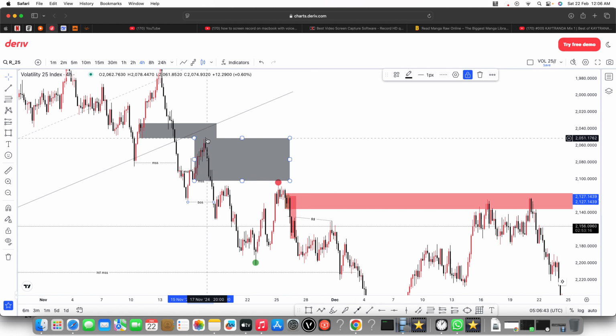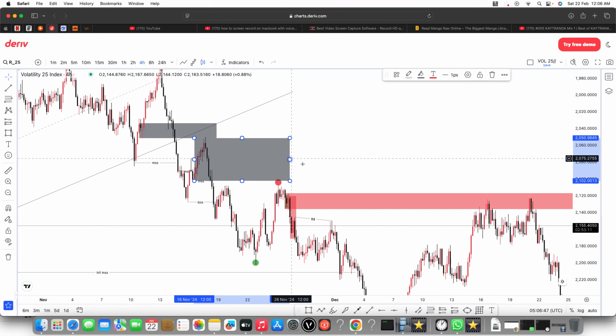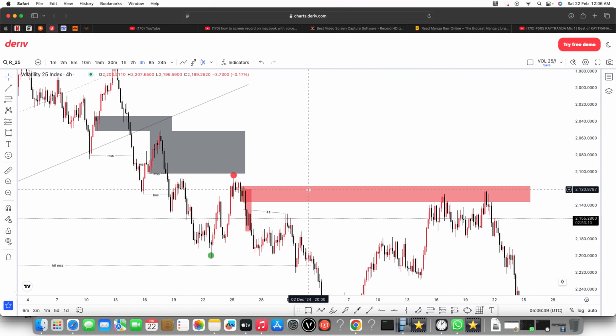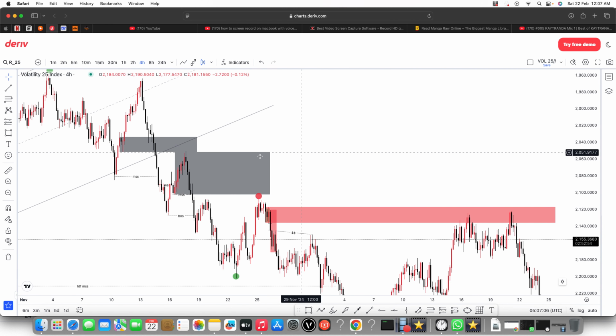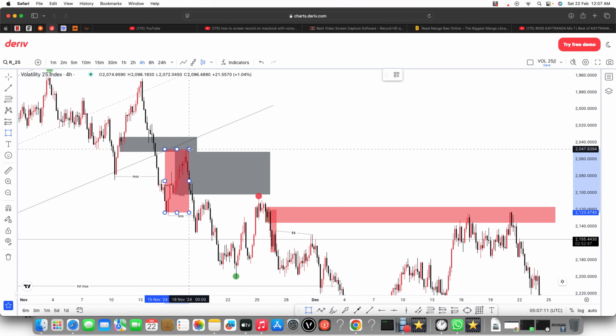So where the trend has started at this particular specific point, we can basically say where the order block was distributed, giving us that distribution to the downside, which would have been this here being the last upward candle.